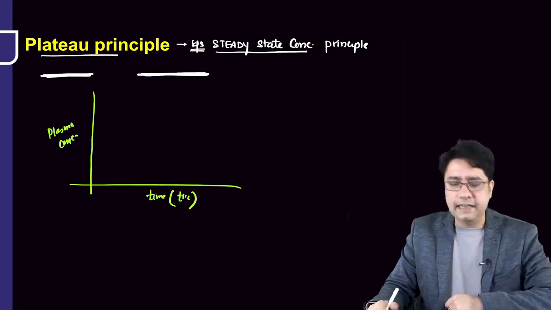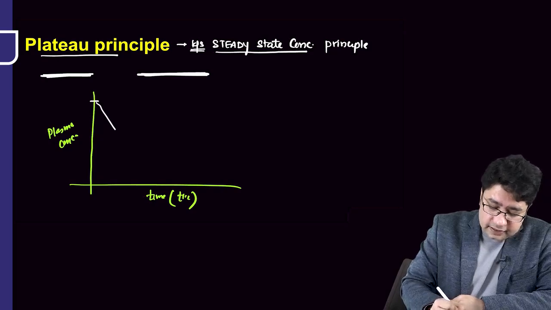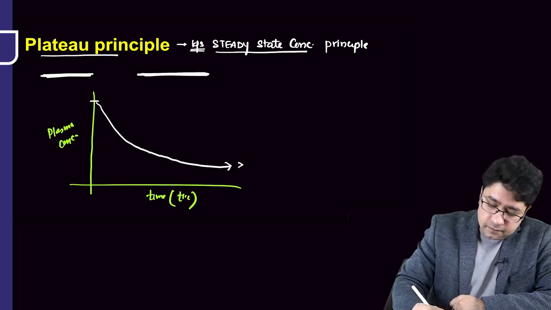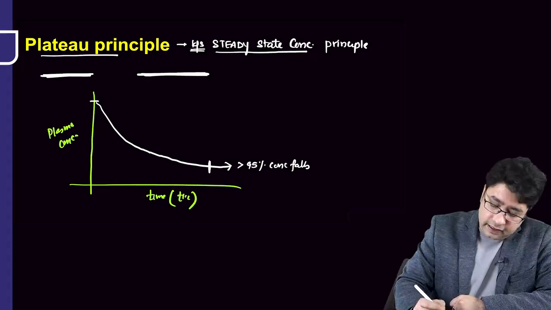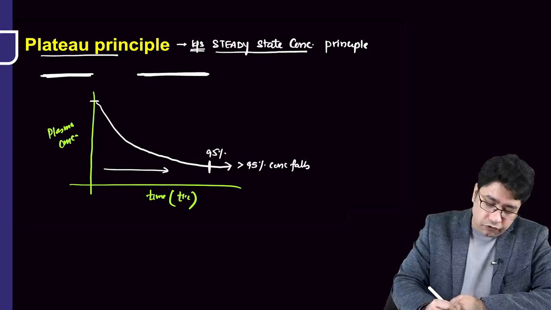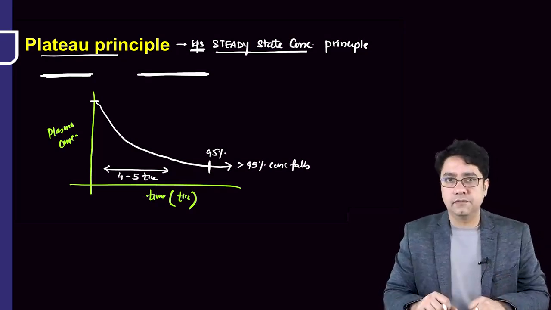Can you recall and tell me after how many half-lives the drug gets reduced in plasma by 95%? 95% concentration of a drug falls in plasma in 4 to 5 half-lives, which we just discussed. Now let's make it opposite.